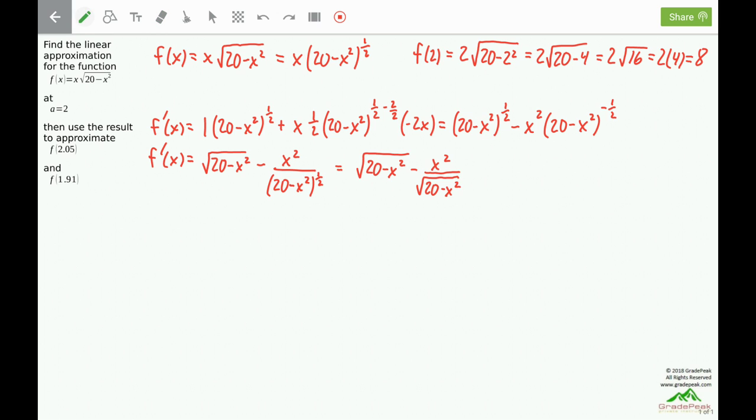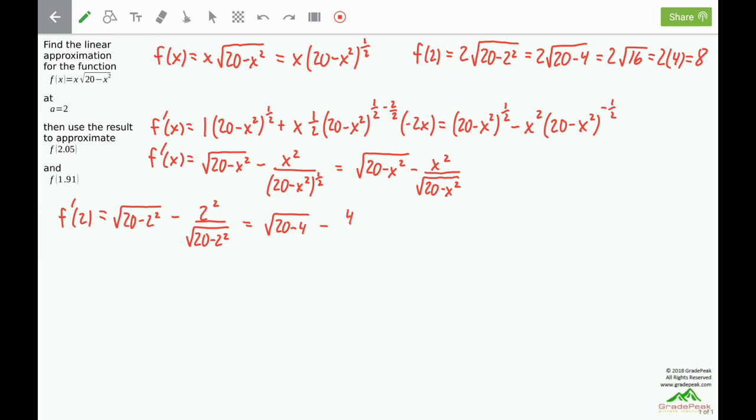And also evaluate f prime at the a value of 2, so f prime of 2, which will be the square root of 20 minus 2 squared, minus 2 squared over the square root of 20 minus 2 squared. 2 squared is a 4.